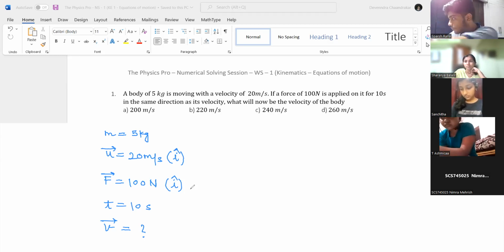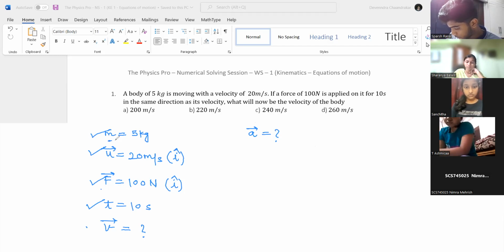So just pay attention. We know initial velocity, we know force, we know time, we want to find the velocity, and we also know mass. What is missing here is acceleration. Yes or no? And how can we find acceleration? Do we have force here? Yes. Do we have mass here? Yes. Now what you will check is whether mass is a constant.